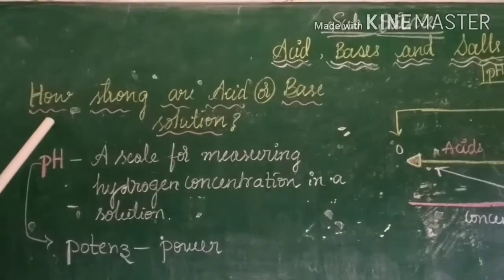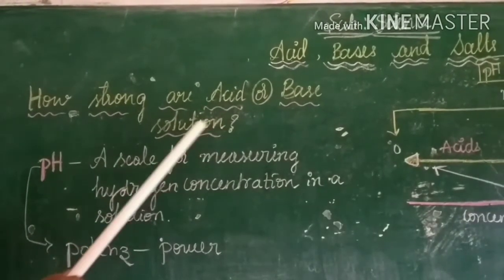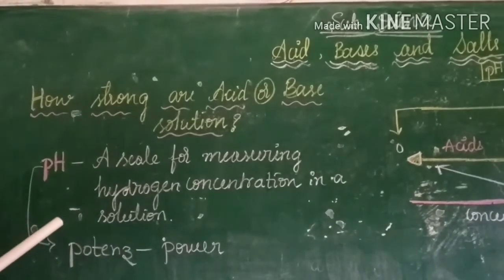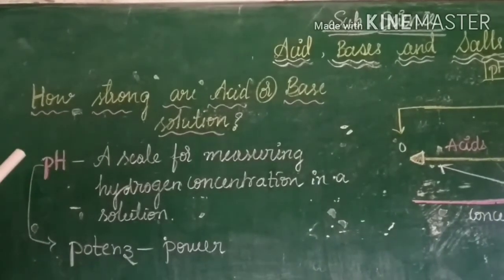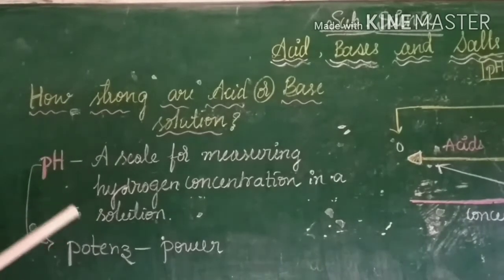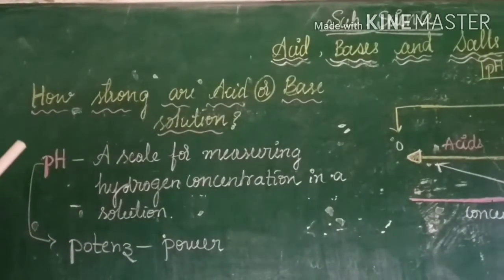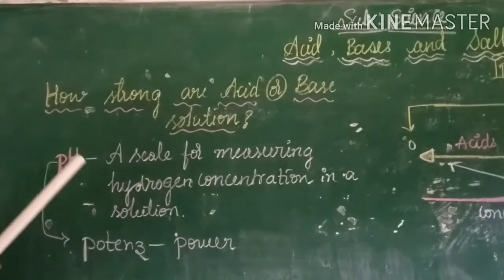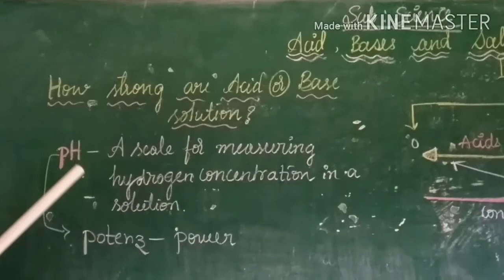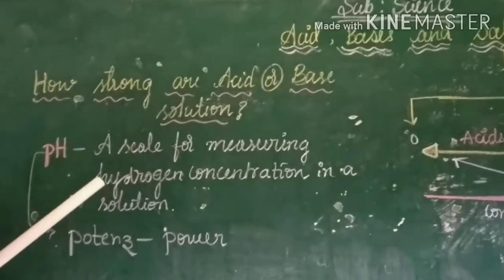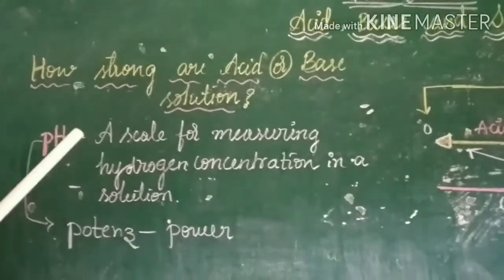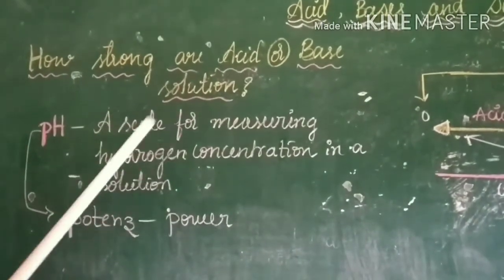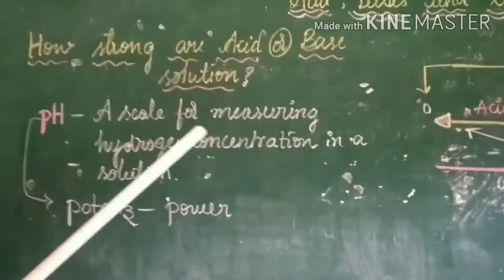Next we come to how strong acid or base solutions are. Children, I told you about the dilution process. When acid is added to water or water is added to acid, the concentration of the acid or base decreases. That means the concentration of hydrogen ion or hydroxide ion decreases. There is a scale for measuring the hydrogen ion concentration in a solution.